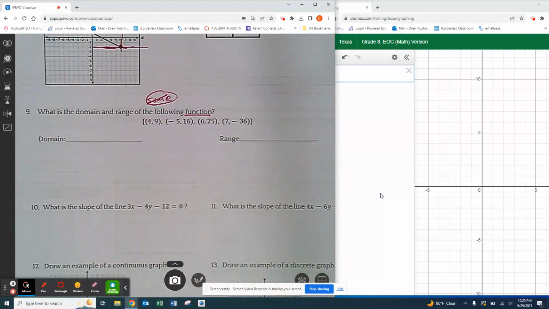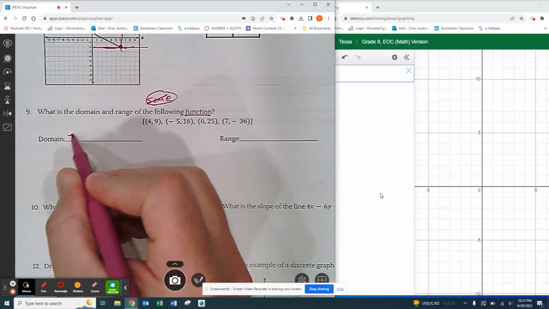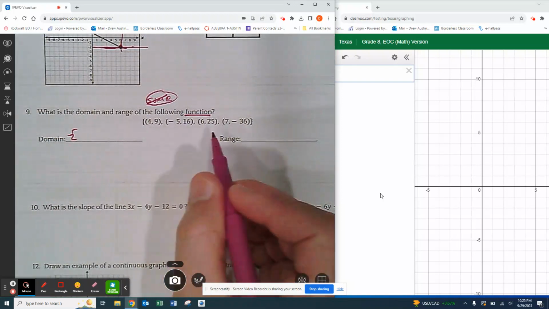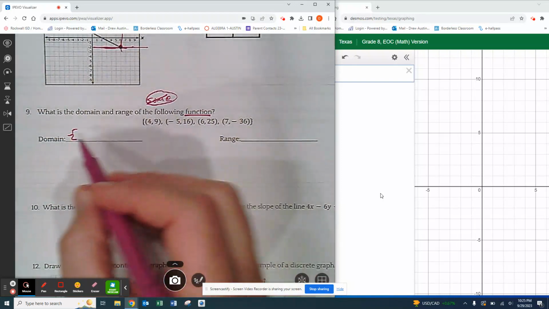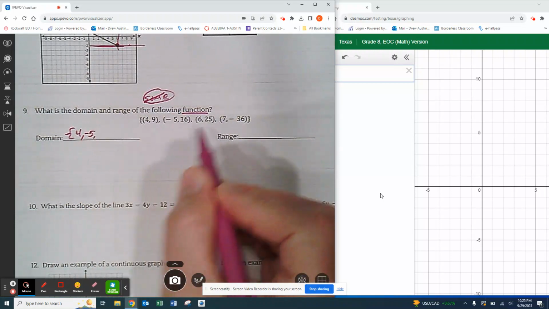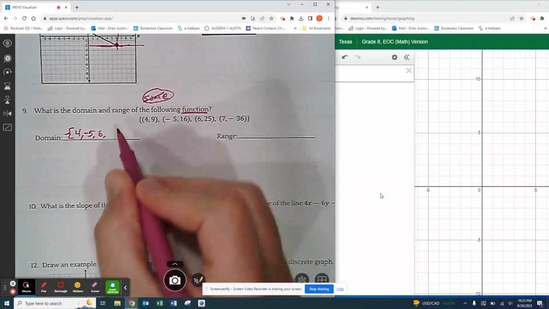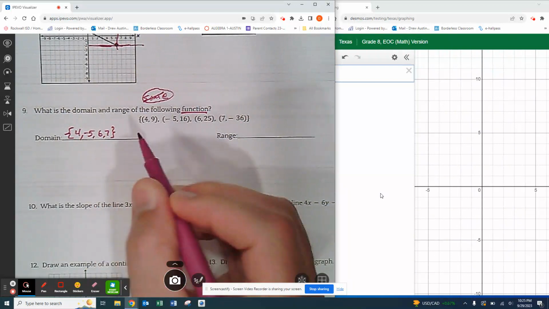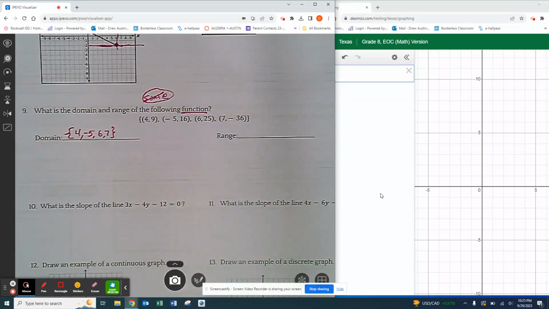So if they're all of the points, I just have to write out the domain as the x values, which is 4, -5, 6, 7. Now, they could be written in least to greatest or greatest to least or something like that, but I'm just listing the points out.